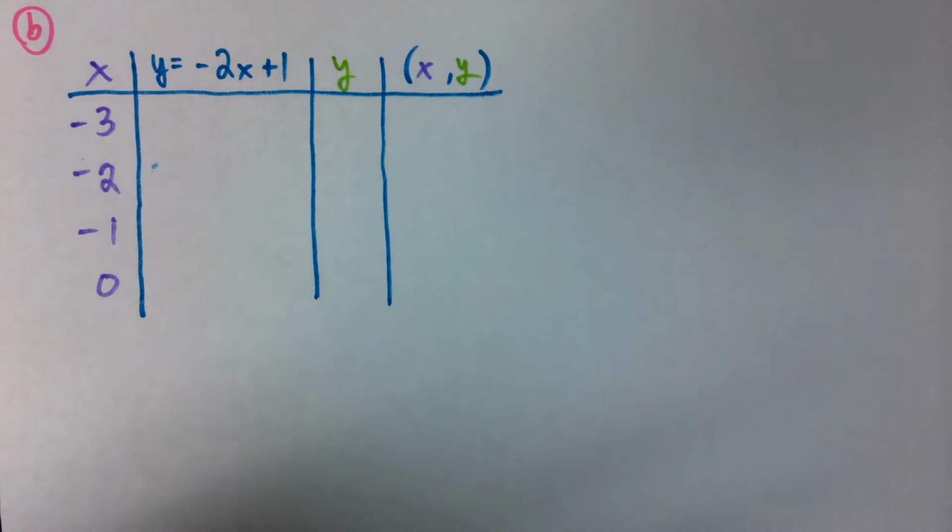Make it a little easier. Negative 2x plus 1 is our function here for example B.